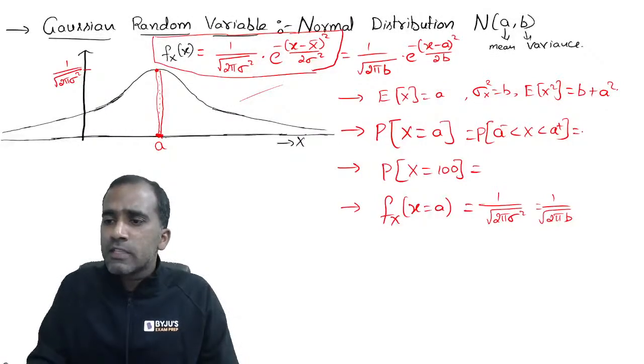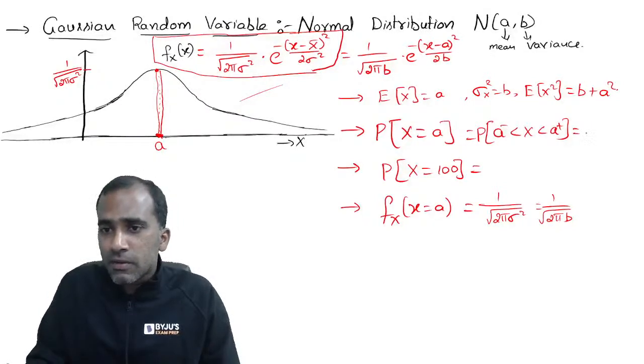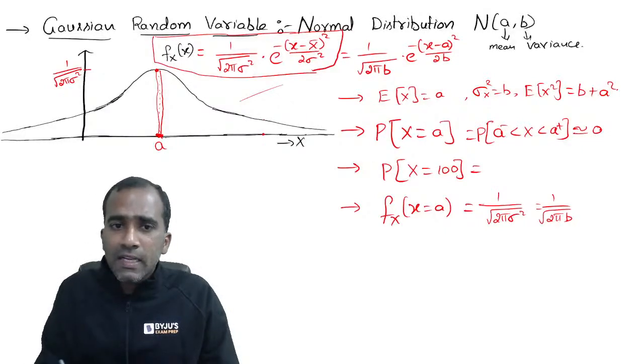Very small value, which we can write as, in the options we will not be seeing a very small value kind of options, but if they give us infinitesimally small value, that is the perfect answer to write. But since we generally will not find that kind of options, we can write it as approximately equal to 0. How about this one? Probability at any point, and 100 also. At 100, the height is non-zero, but the probability means it is the area at that point.